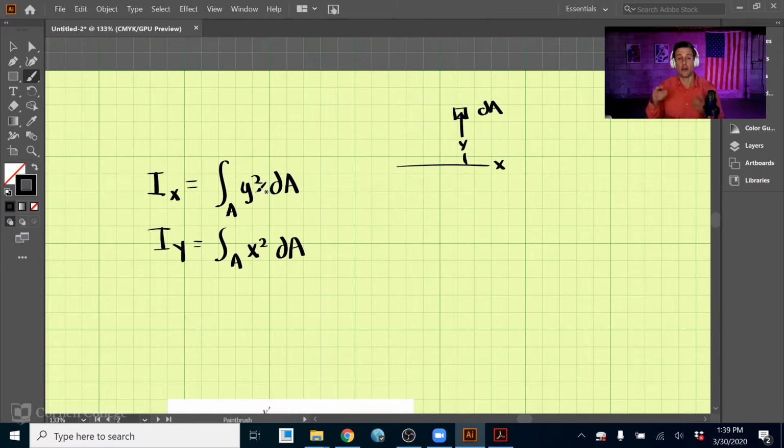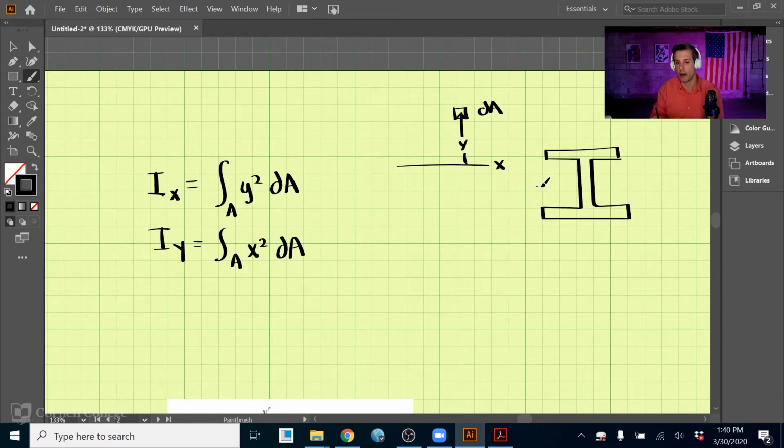So to get a very big moment of inertia in terms of the x-axis, we're looking for the distance from the x-axis to be as far as possible, all right? Because there's a square term here. And that is part of the reason why an I-beam, for example, is such a good example of a high moment of inertia of an area.